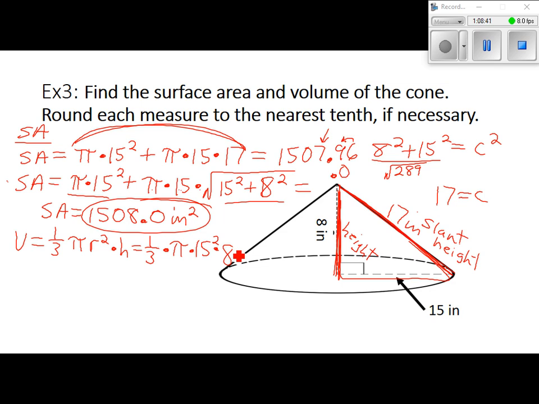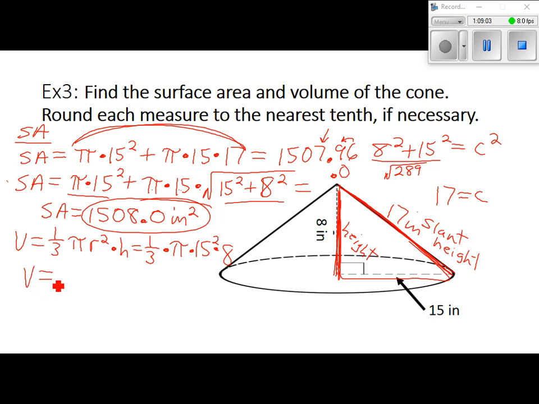When I plug it into my calculator, I plug it in as 1 divided by 3, hit equals, then times pi times 15 squared times 8.